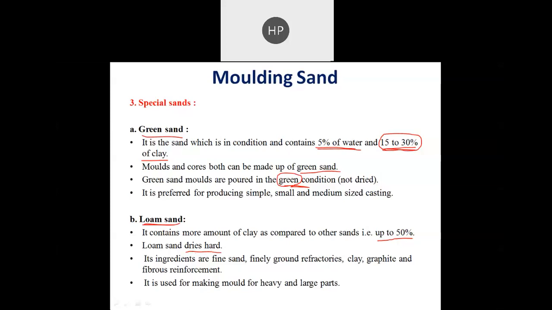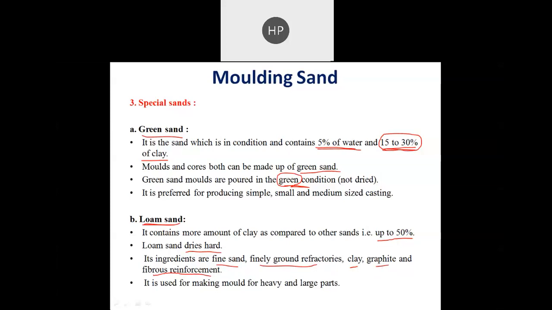Its ingredients are fine sands, fine ground refractories, clay, graphite and fibrous reinforcements. So in addition to the clay, sand and water, it has some finely ground refractories, some graphite and some fibrous reinforcements.